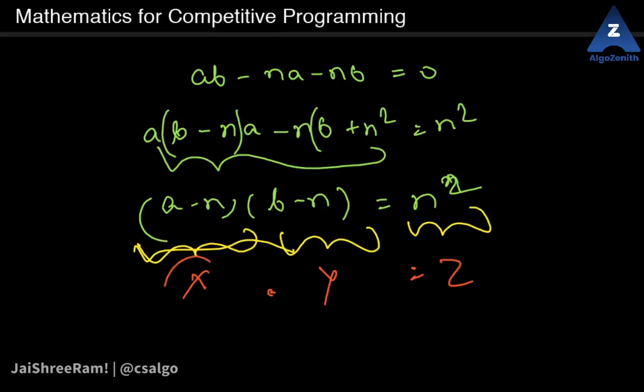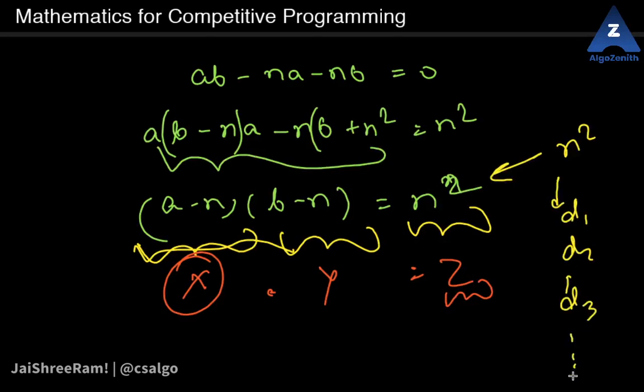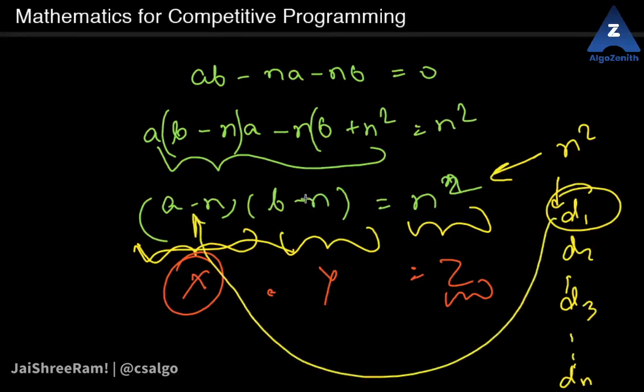Now what are the different values a can take? Any of the divisors of z. So what we can do is iterate on the divisors of n square. Let's say n square has divisors d1, d2, d3 and so on up to dn, and assign each of them. Let's say we assign d1 to this, and correspondingly n square by d1 gets assigned to b minus n.